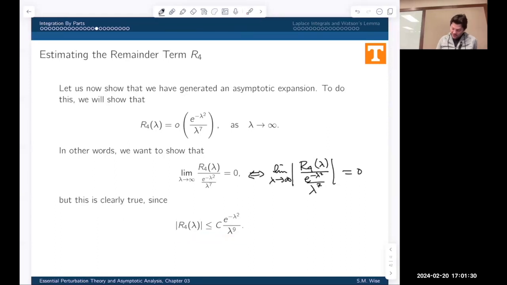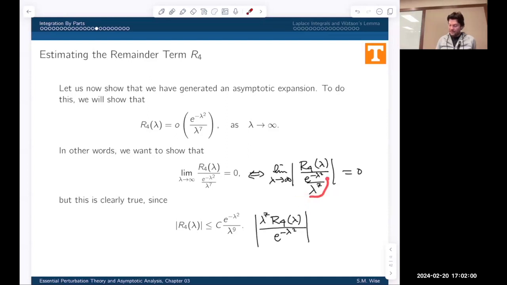So now I can show that R4 of lambda times lambda to the 7th over e to the minus lambda squared, that's what I have up here, is just the same thing as that. These two things are exactly equal.